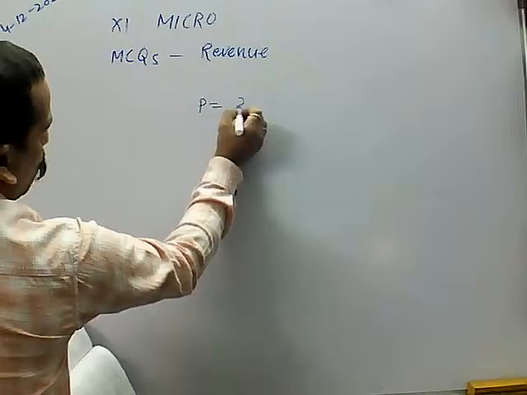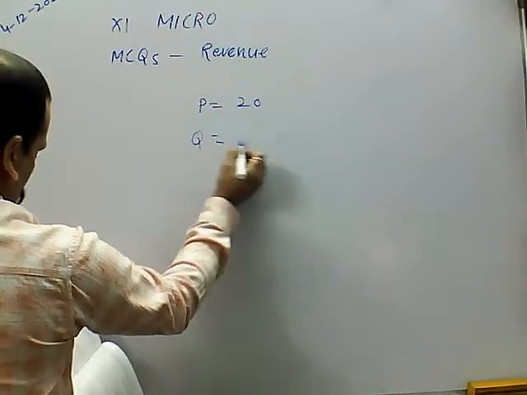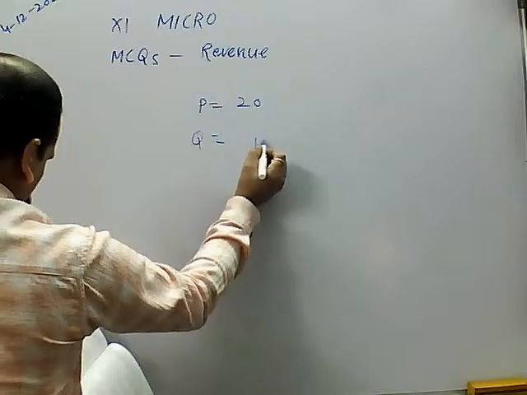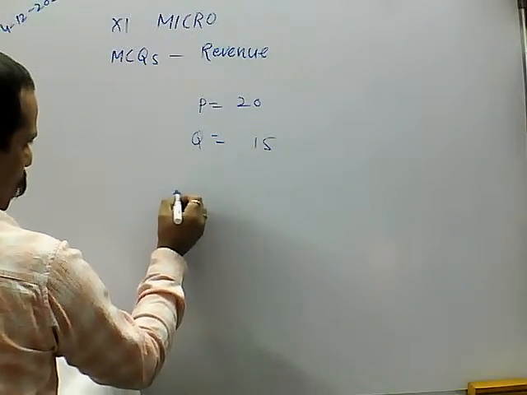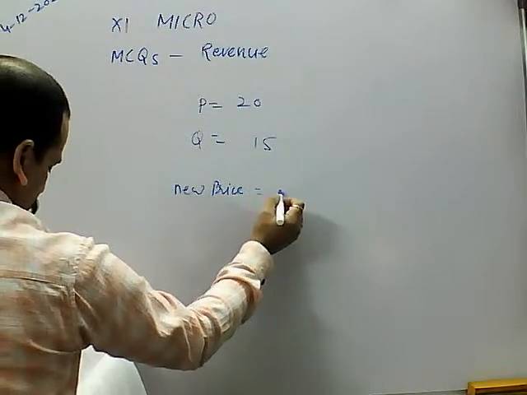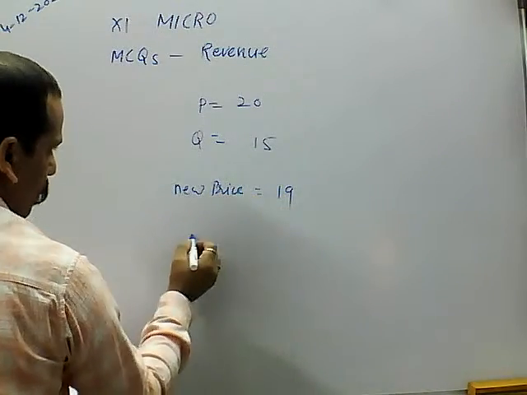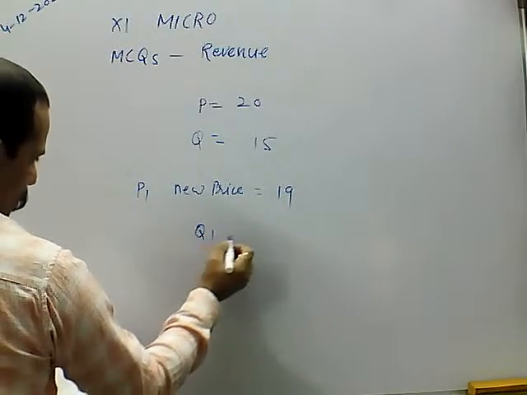Price rupee 20, units sold 15, and at the new price 19, so you can also write P1 and Q1.